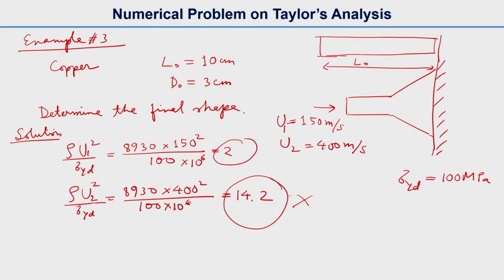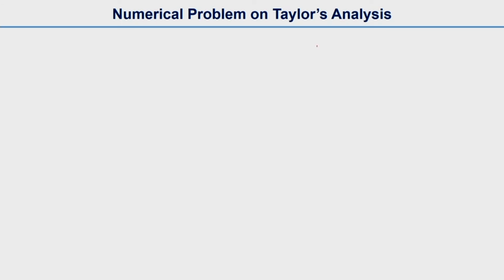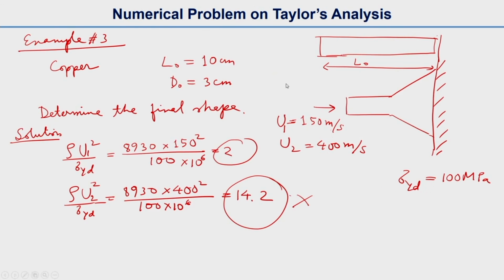and then if you remember the one plot between, on the x axis, rho u square by sigma yd, and then on the y axis we may have L1 by L. L1 is the final length, and L0 is the initial one.